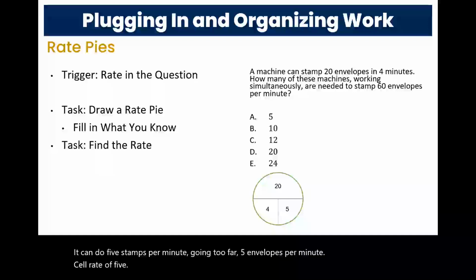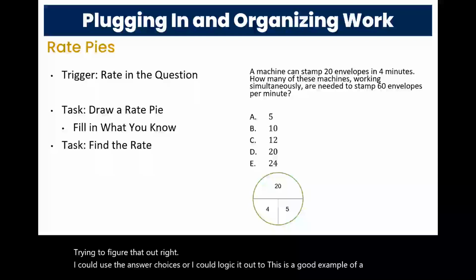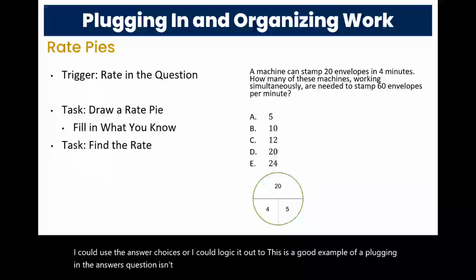How many of these machines do I have? Trying to figure that out, right? I could use the answer choices, or I could logic it out too. This is a good example of a plugging in the answers question, isn't it? There's an unknown in the question.